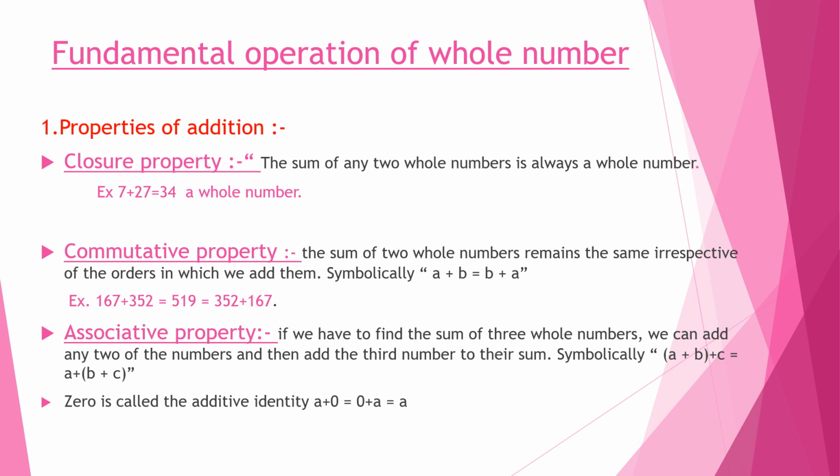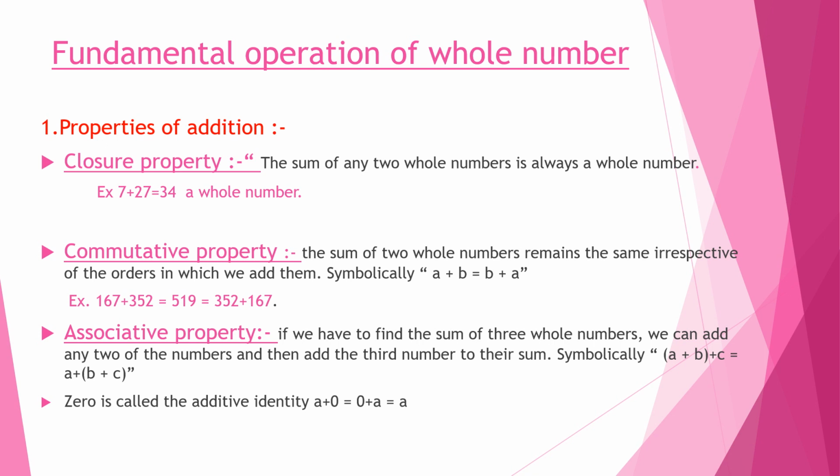For example, if we add 167 in the first place plus 352 in the second place, the sum is equal to 519. The same 519 will be obtained if we add 352 in the first place and 167 in the second place. So, the sum of two whole numbers does not depend upon its position. This is known as commutative property.